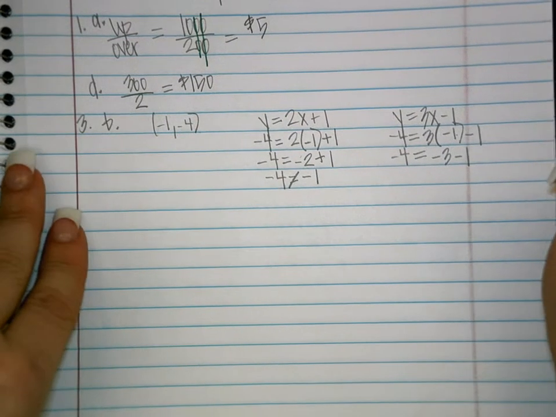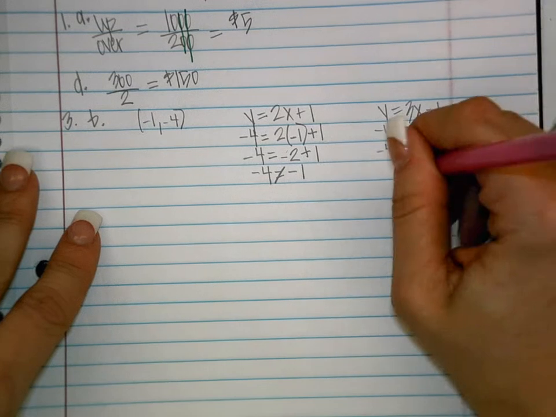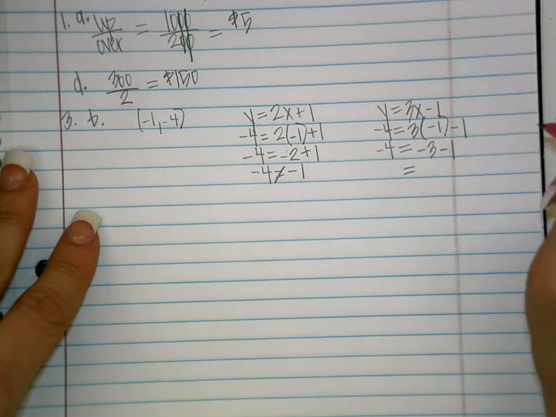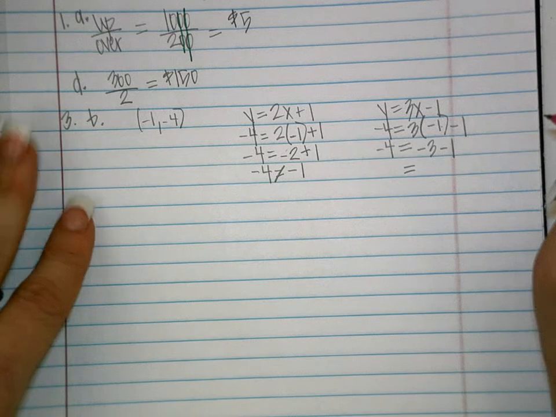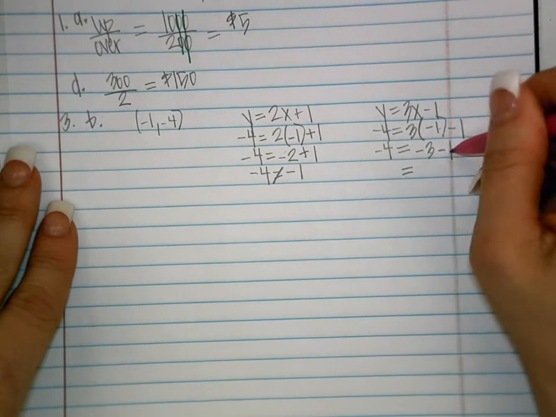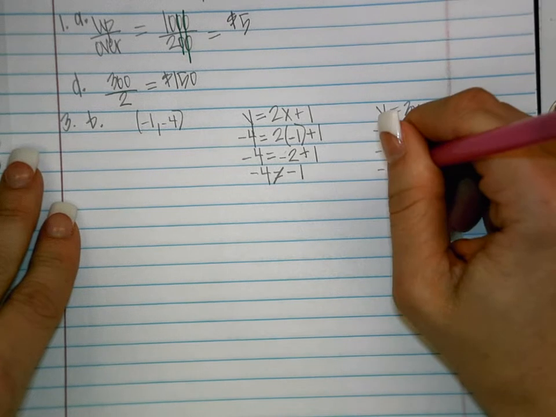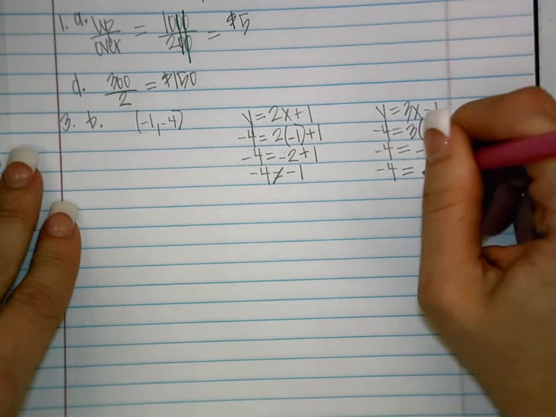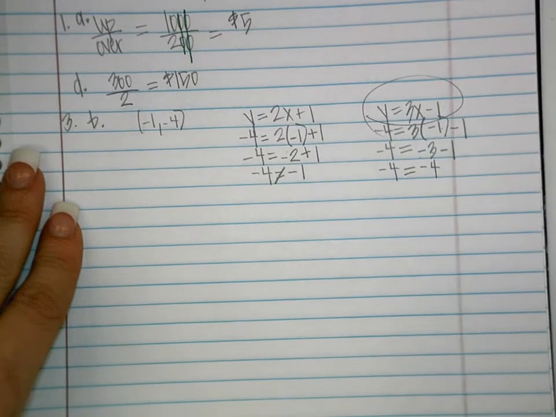Some of you guys really need to work on those positives and negatives. When you're multiplying 2 positives, they make a positive. But these are same signs, so add them, keep the sign. -4. Is -4 equal to -4? Yes, so this is the answer there.